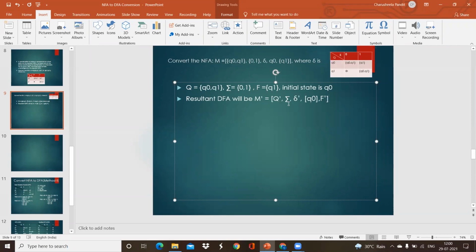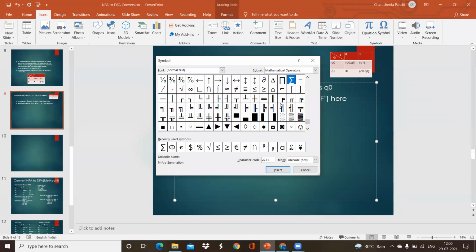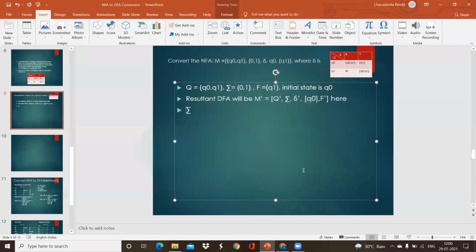Now here you know that your input symbol in case of DFA is 0 and 1, which is the same as your NFA, and the initial state is Q0.